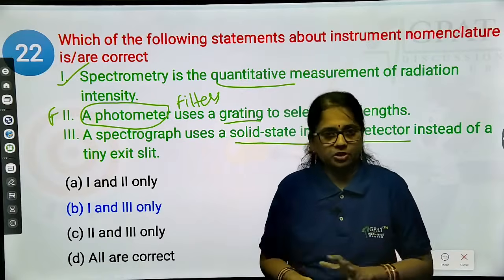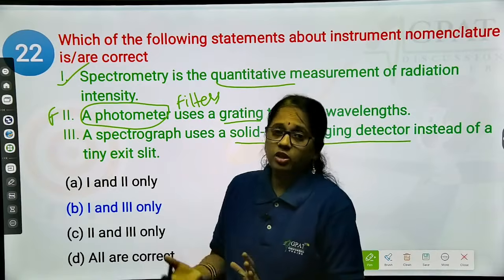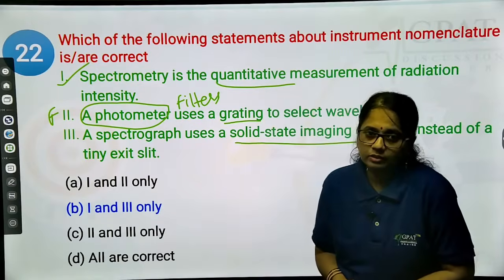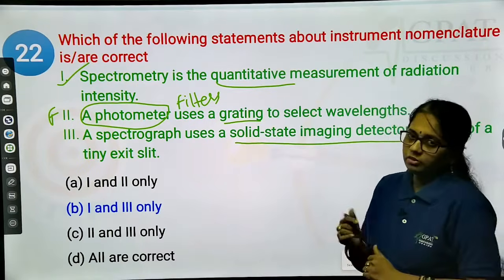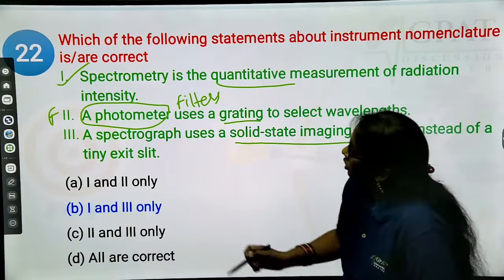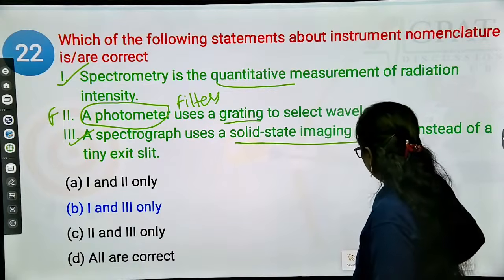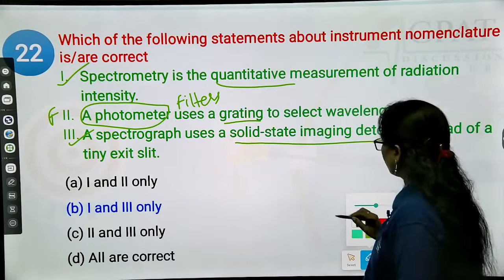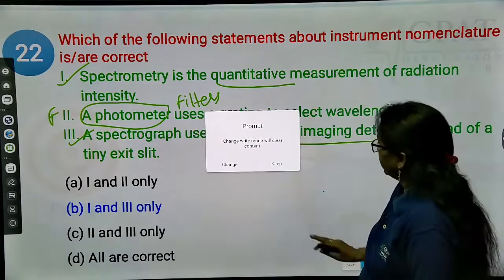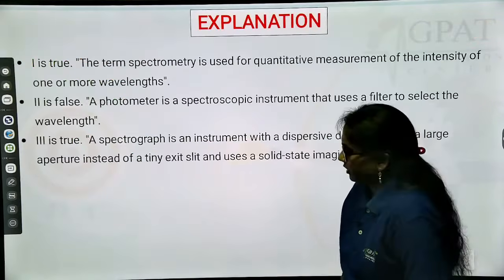Okay, then the multiplication of the electrons is going to take place. And in case of UV as well as IR also, we require solid state imaging detectors, bolometers, pyroelectric detectors, all these. So this is also right. So 1 and 3 are the right statements, whereas 2 is the wrong statement. Okay. So option B is going to be the right answer.